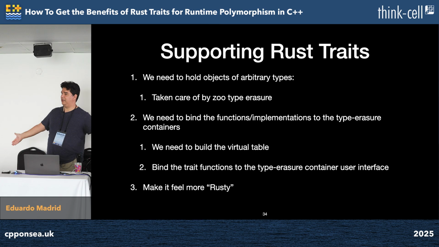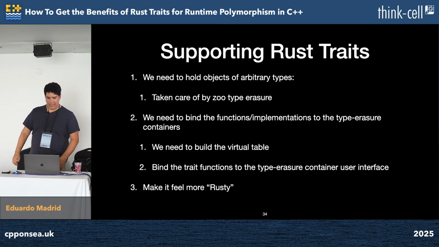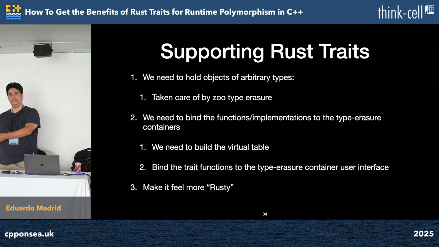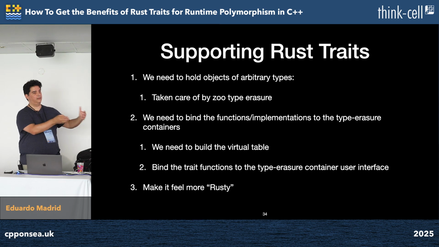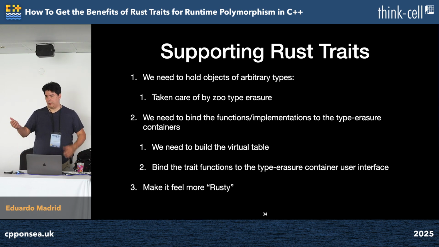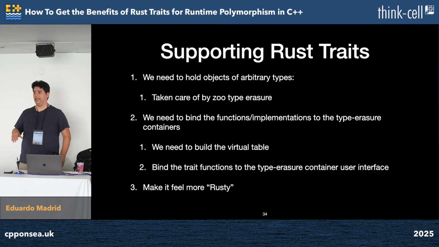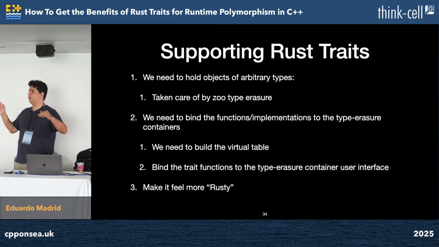That is divided into different tasks: producing the virtual tables, implementing the virtual tables, and then binding those implementations to the user interfaces that we're going to have. I mean programmer user interfaces, APIs. And a third thing that is far less important and we don't have the opportunity to cover today is how to make it feel more Rust-like, okay, more rusty.